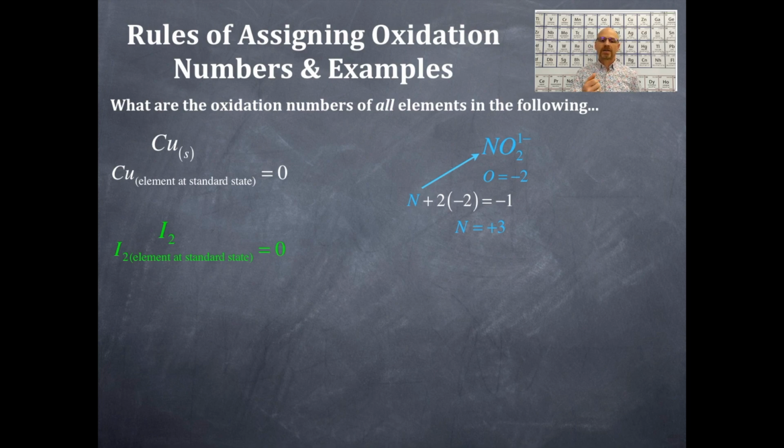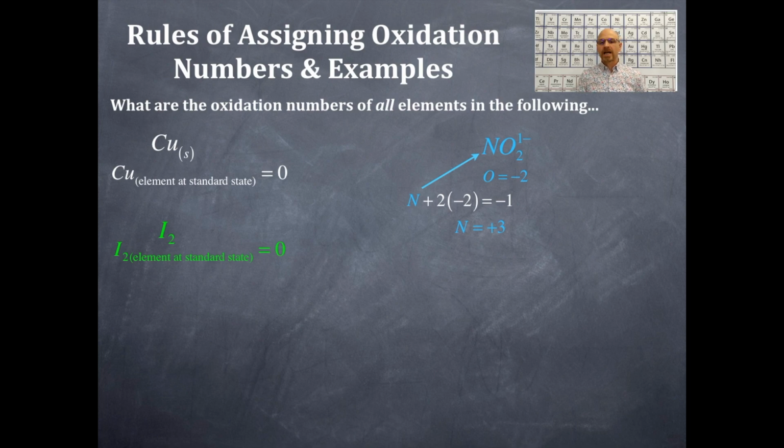Okay, and then the nitrogen is therefore going to be positive as a result. And so this is why we have to solve for the oxidation number for other elements beyond the ones that we've defined on the previous slide. Okay, so these are arbitrary numbers. So now we know that nitrogen is a +3 in the nitrite ion.